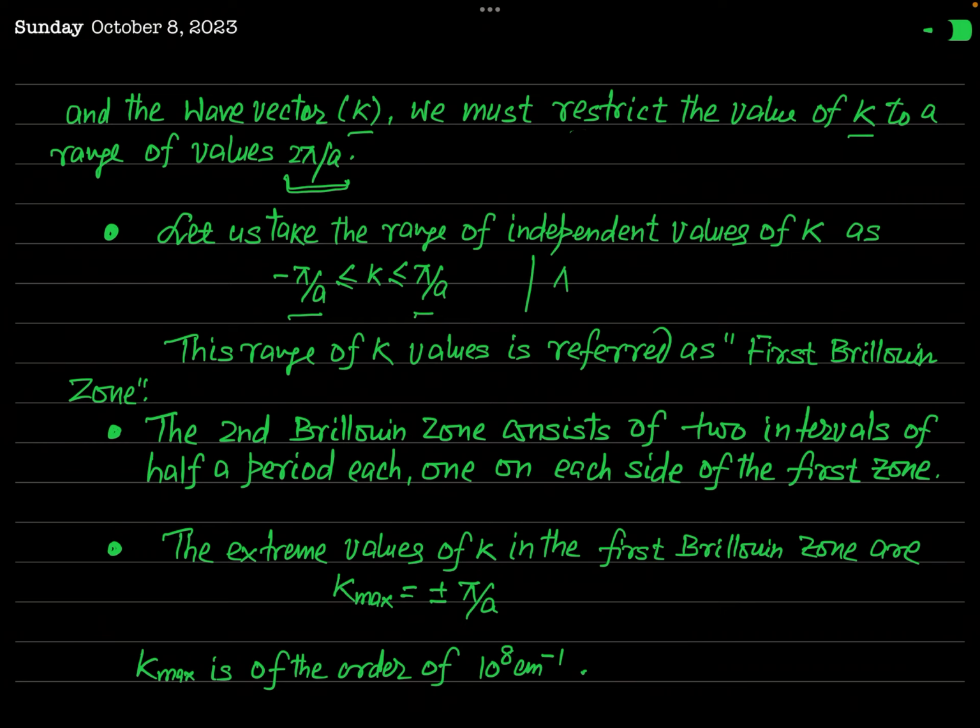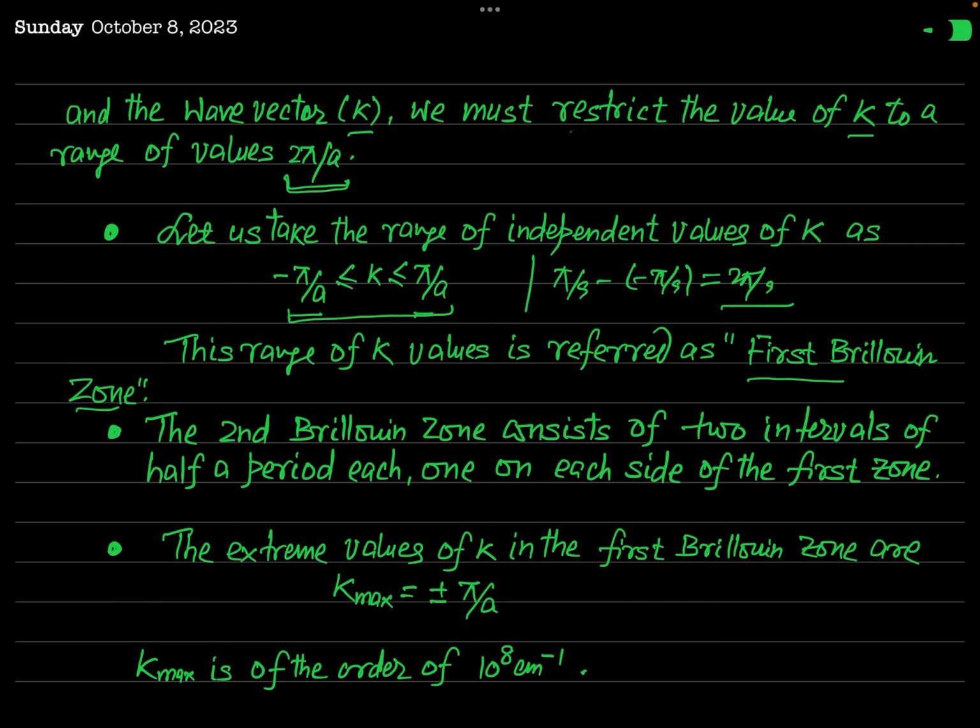You can see that this pi by a minus minus pi by a will be equal to 2 pi by a. And as you have seen in the figure, this region where k lies between minus pi by a and plus pi by a, this range of k values is referred to as the first Brillouin zone.